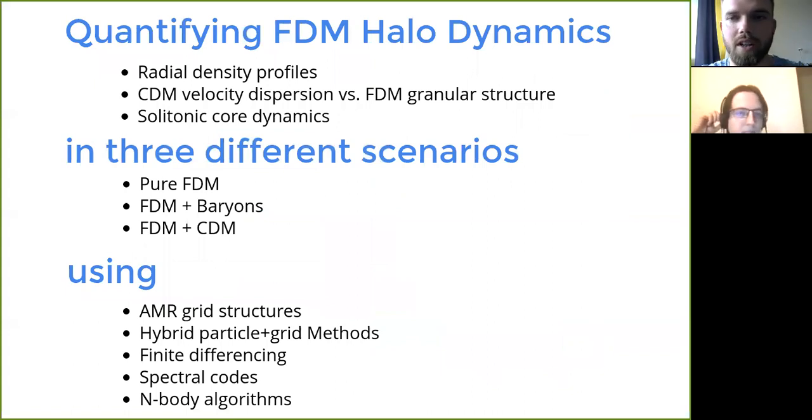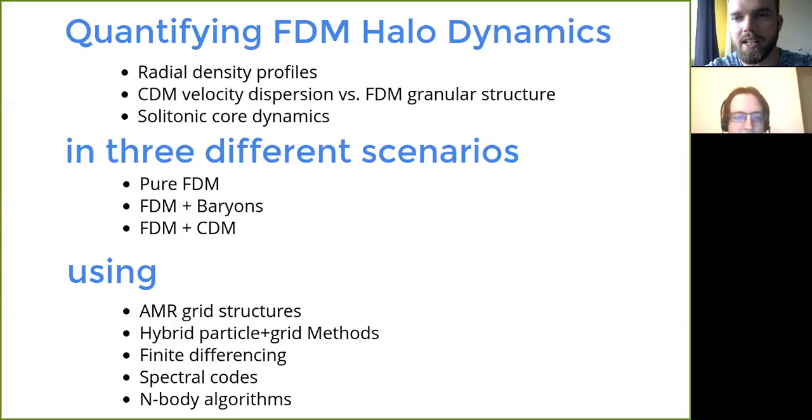So today I want to basically quantify fuzzy dark matter dynamics, especially in halos, and we'll have a look at radial density profiles, at the equivalence between cold dark matter velocity dispersion and fuzzy dark matter granular structure, so this interference pattern on the de Broglie wavelengths, and then also the solitonic core dynamics.